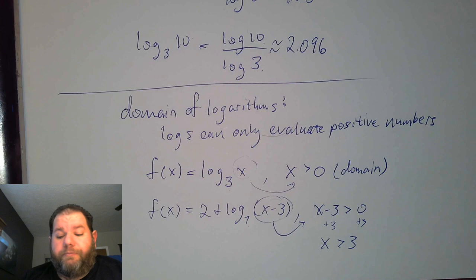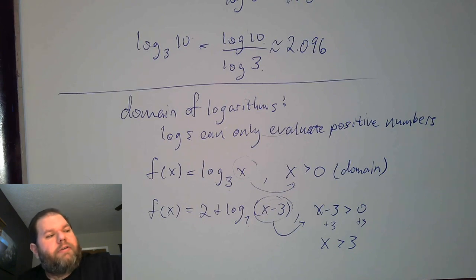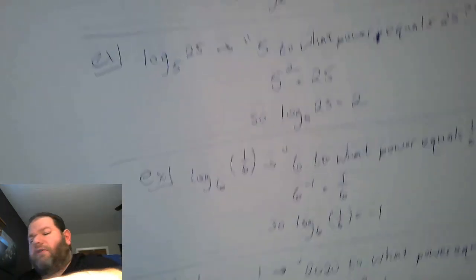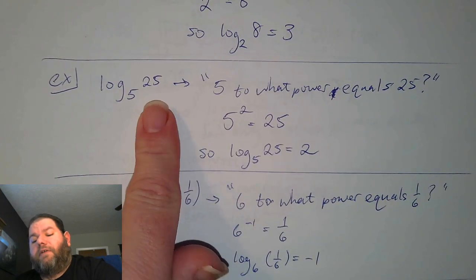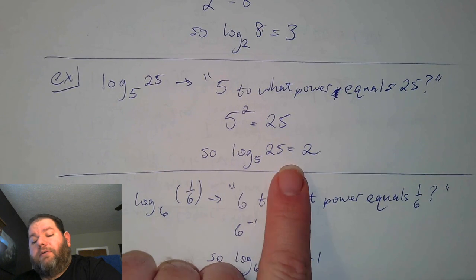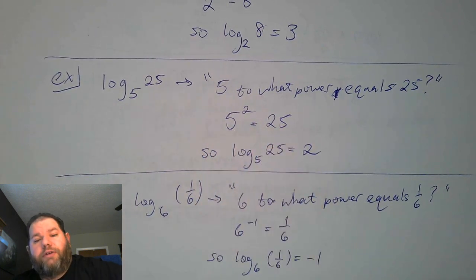Anyway, logarithms are kind of a strange thing. There is a direct connection, though, to exponentials, and we kind of alluded to that before when we were talking about these calculations of logarithms. We said, okay, log base 5 of 25 is equal to 2 because 5 squared is 25.